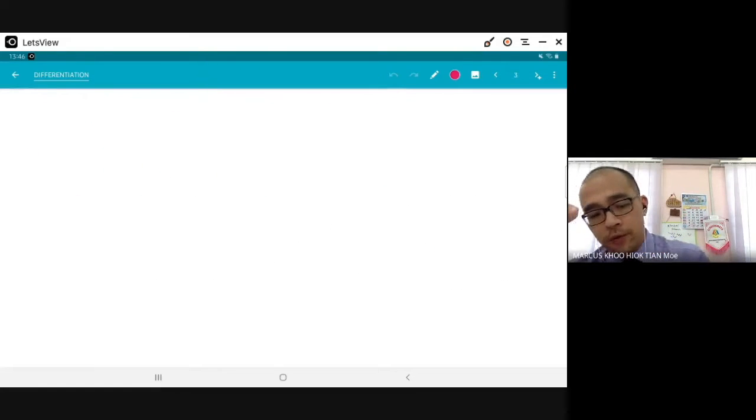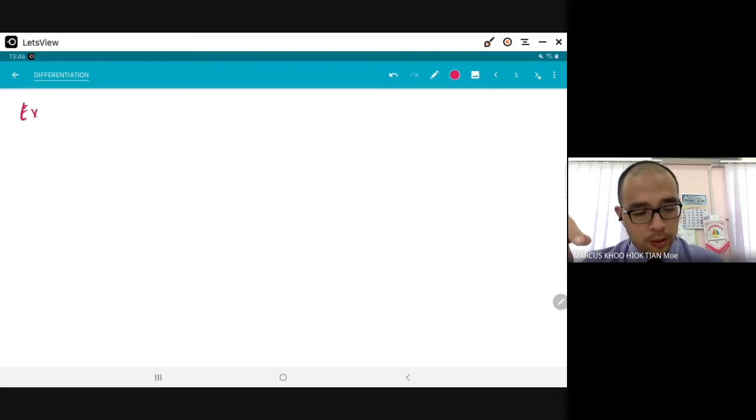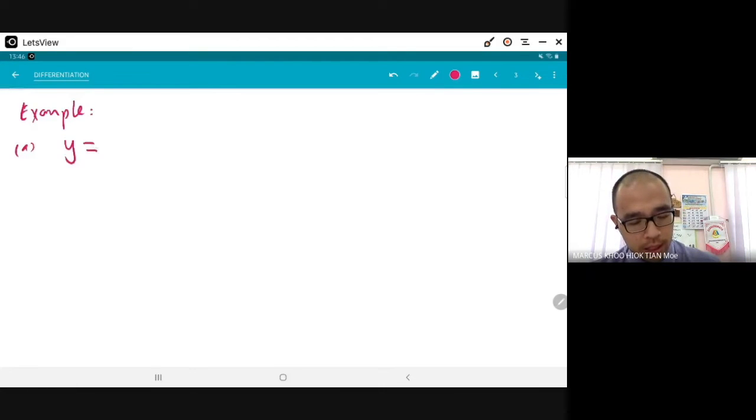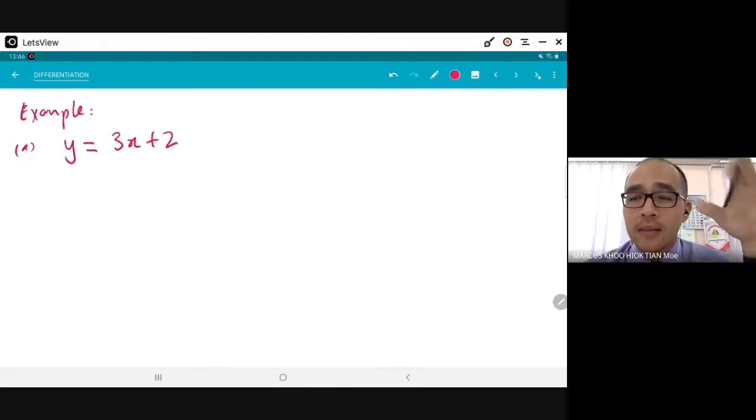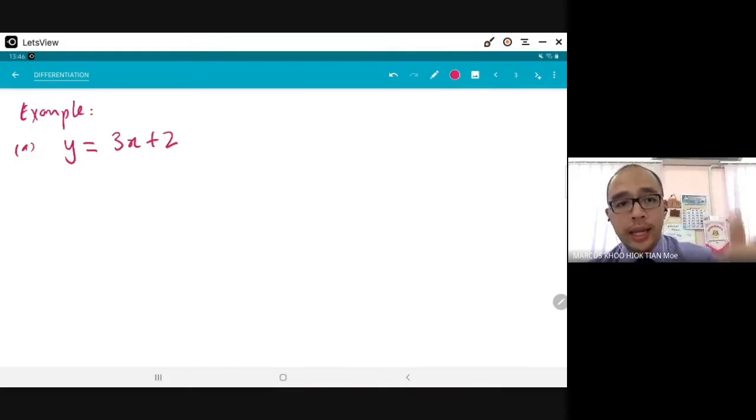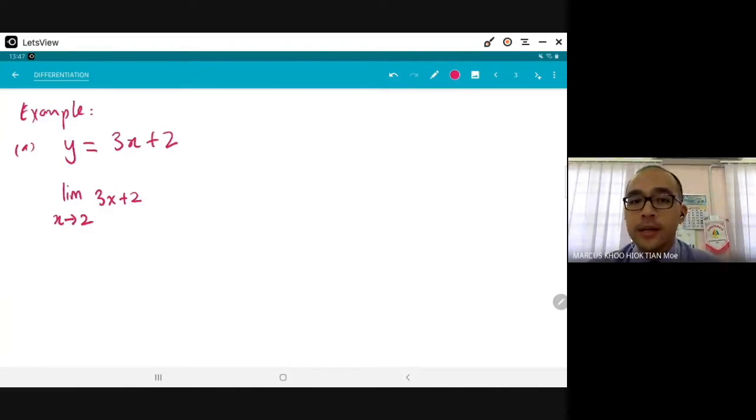Okay, so let me give you another example. Let's say my equation is 3x plus 2 lah. Contoh lah. And I said, tell me what is the limit of 3x plus 2 when x is approaching 2. So what do you do?